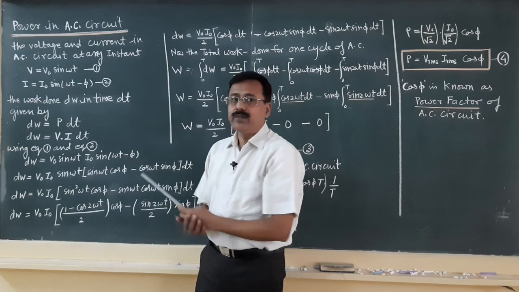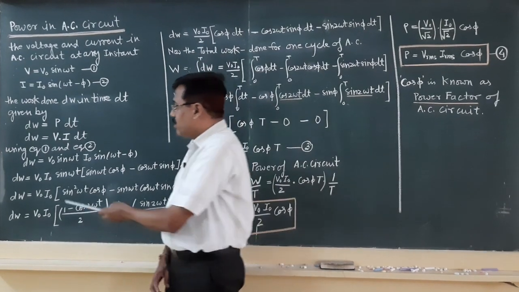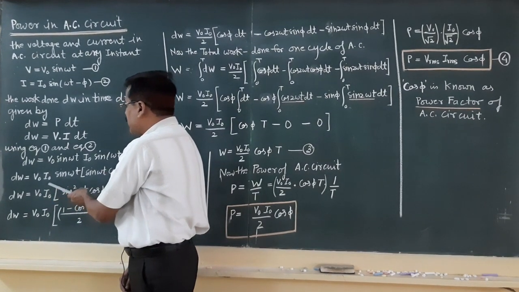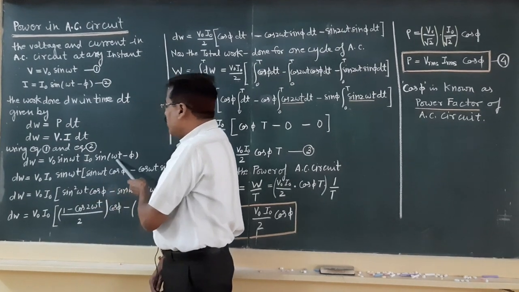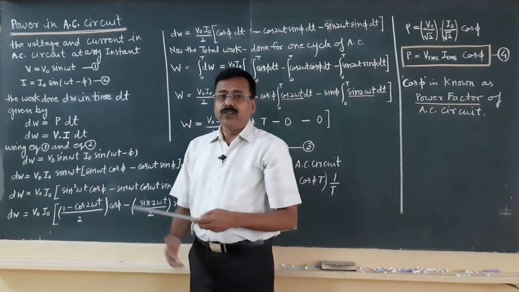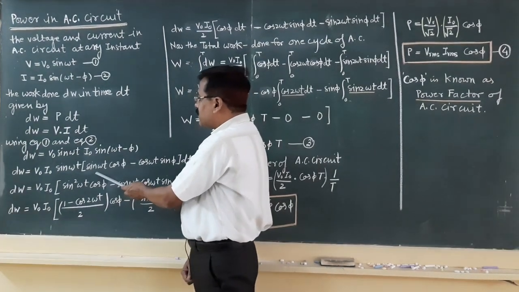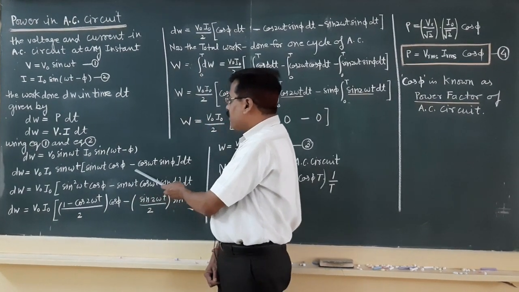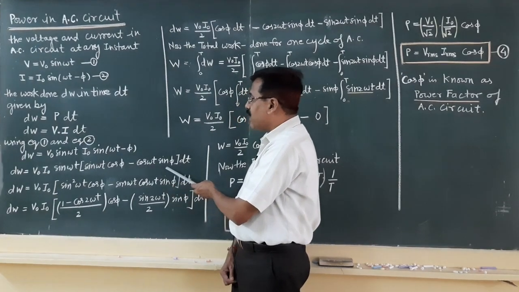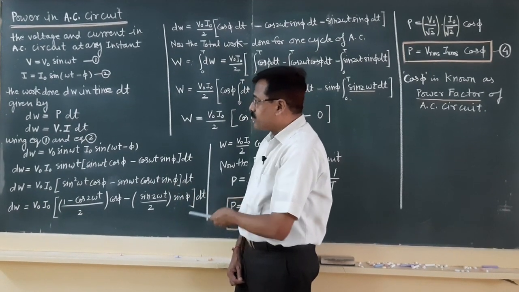Now, we will solve it mathematically. dW = V0 I0 sin ωt sin(ωt − φ) dt. Using the formula for sin(A − B), this can be written as sin ωt cos φ − cos ωt sin φ.